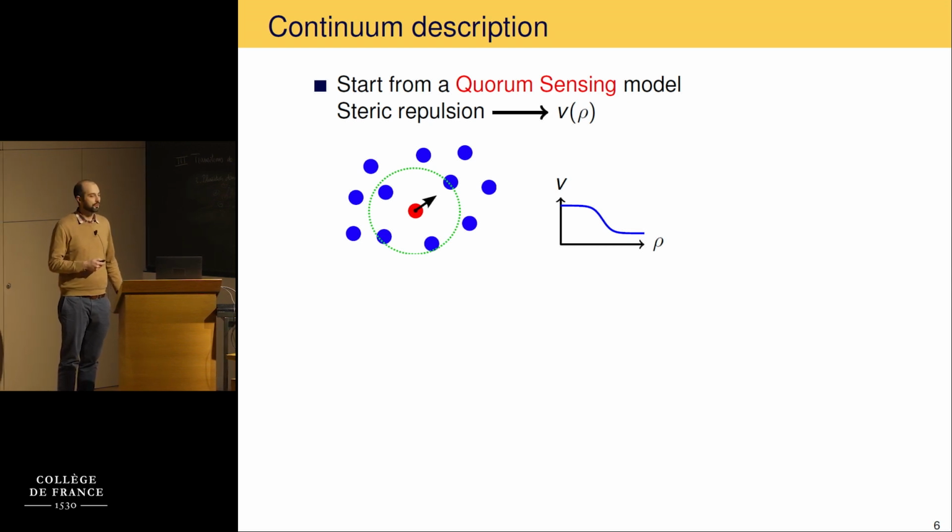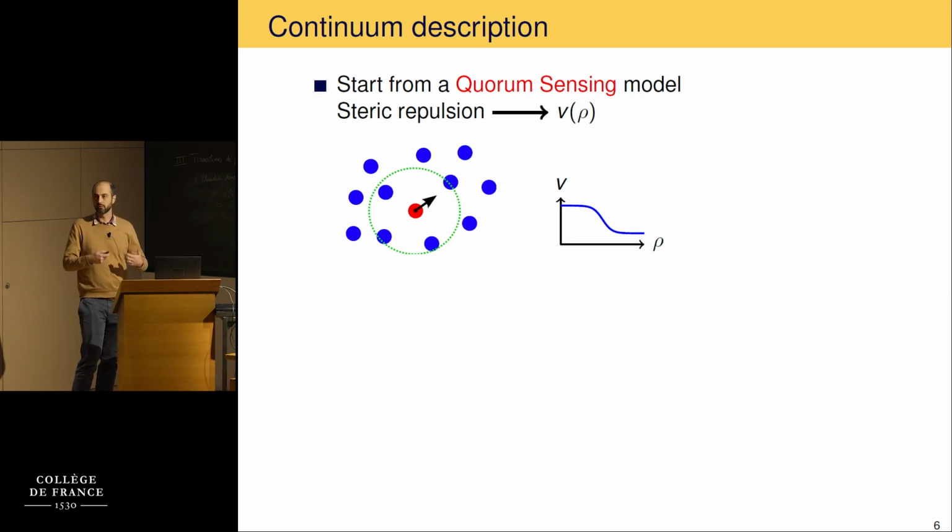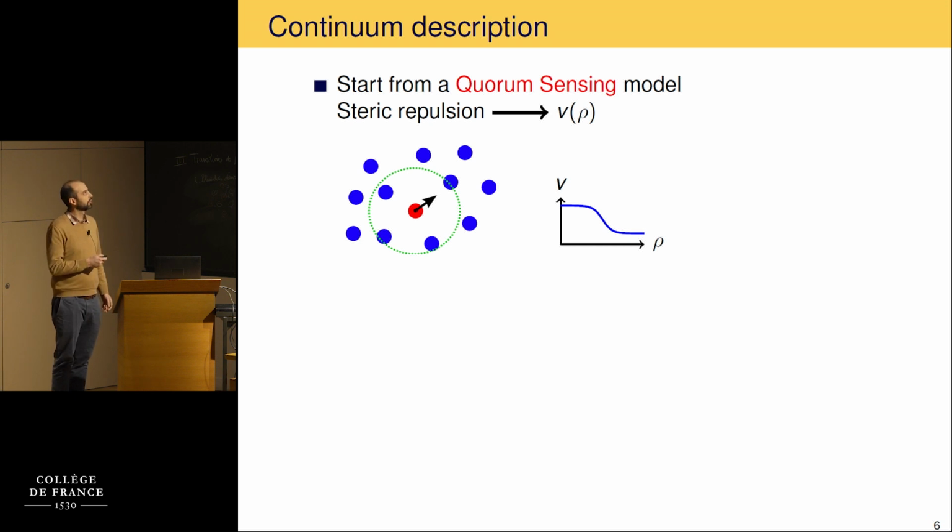And to do that, actually, the model with steric repulsion is not convenient because we don't know how to do a good coarse graining to write continuum equations. So I will consider a slightly different model called the quorum sensing model, where the steric repulsion is replaced by a velocity that depends on density.